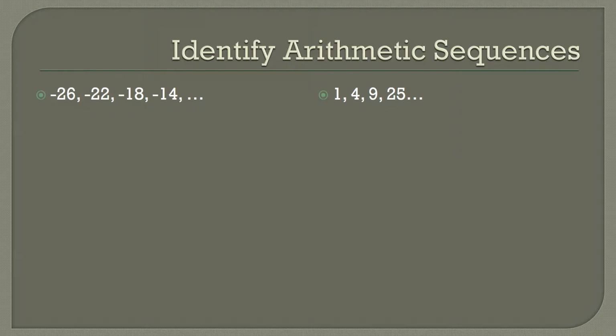And if a set of numbers can be identified as an arithmetic sequence, we can find what we would call the common difference. In other words, we can recognize within the pattern that each successive number, if we added or subtracted a given number, and that held true through that set of numbers, then we would have identified a sequence of numbers.